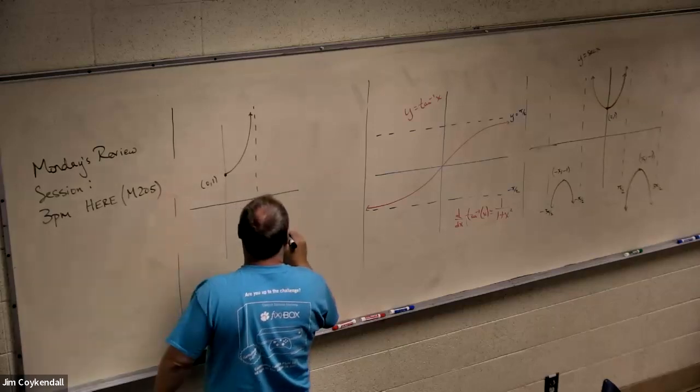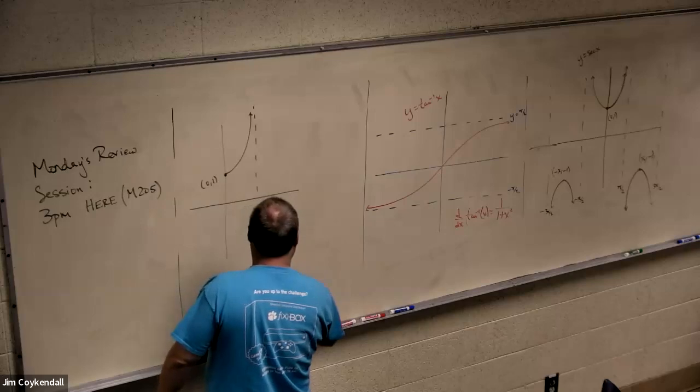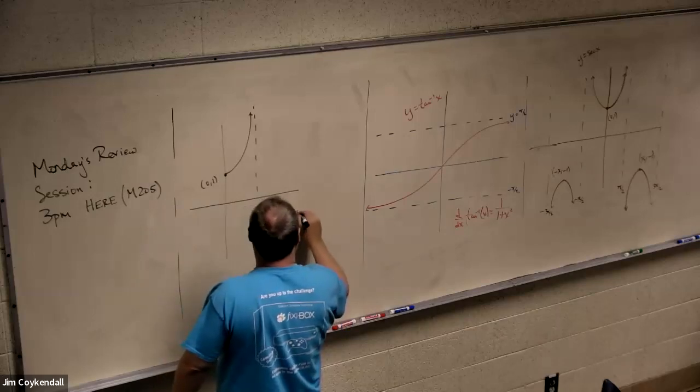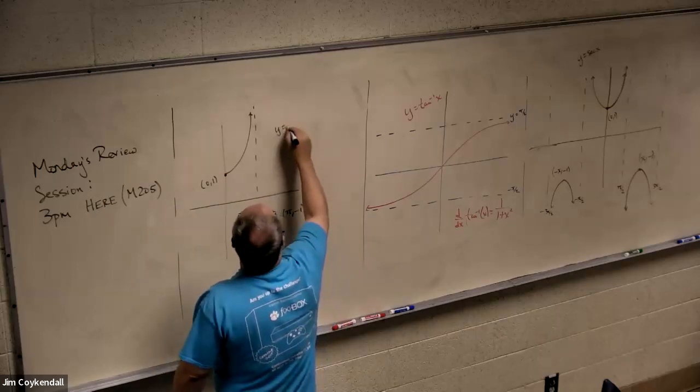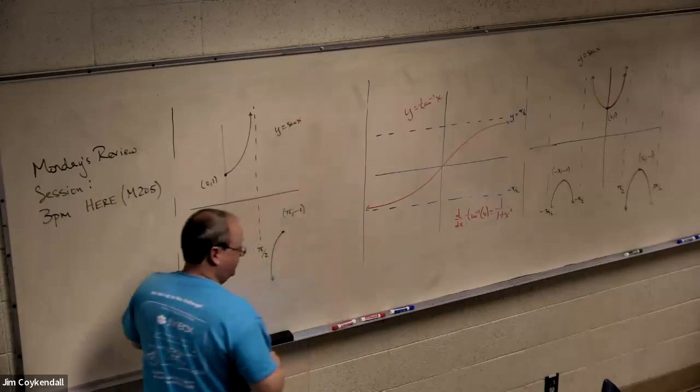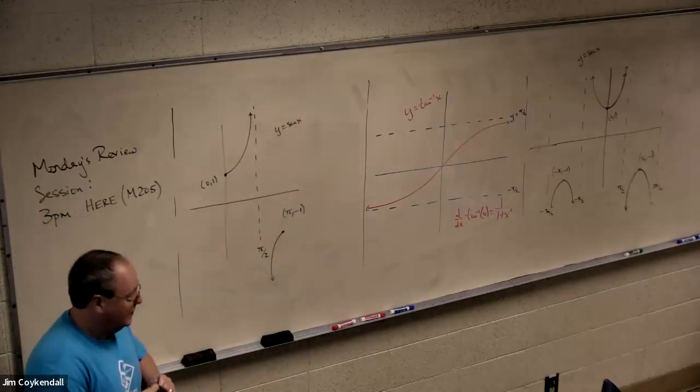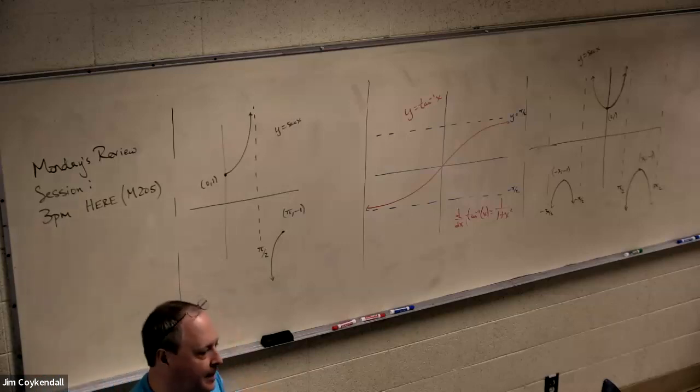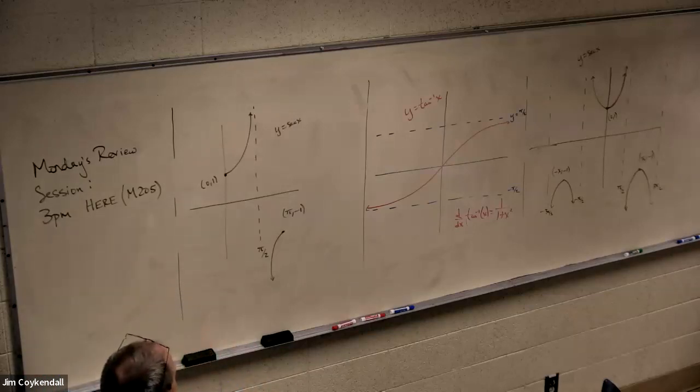And then we can go. This is going to be my y equals secant x. Everybody good with it? And that piece is one-to-one.